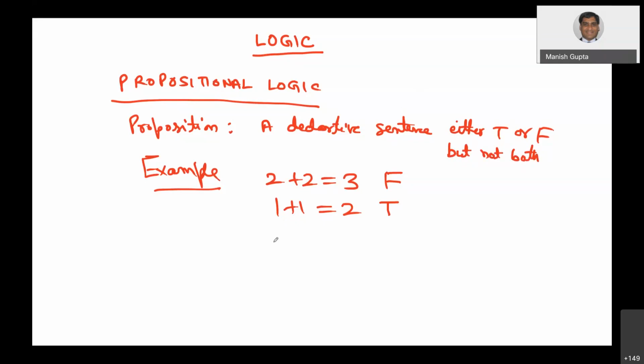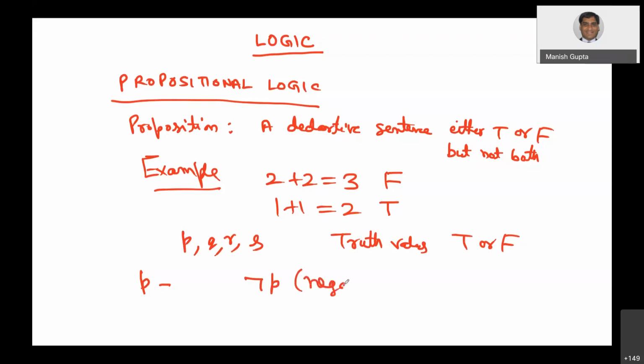Normally we write propositions as P, Q, R, S, and truth values are denoted by true or false, T or F. Now, if P is a proposition, then we can define what is known as the negation of P. Sometimes in some books you will find P bar as well.